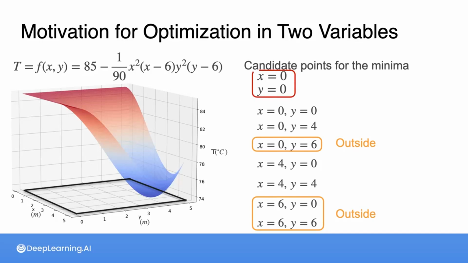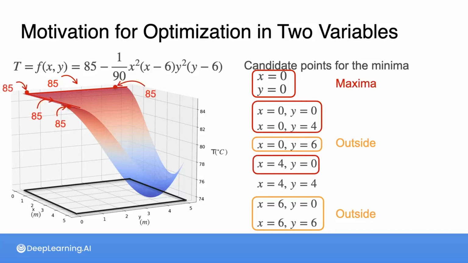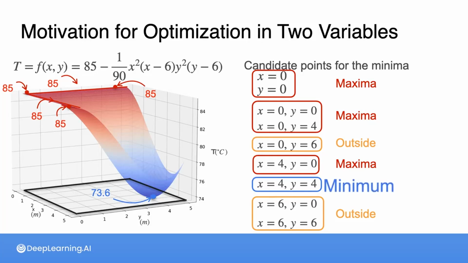Now, for x equals 0 or y equals 0, those are all maximum because as you can see, all these points give 85 as the temperature. So those are not the minima. The only minimum is this one over here, x equals 4, y equals 4, which is the point we were looking for. For this point, the temperature is 73.6. So this is the minimum.